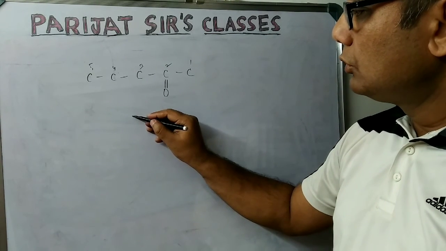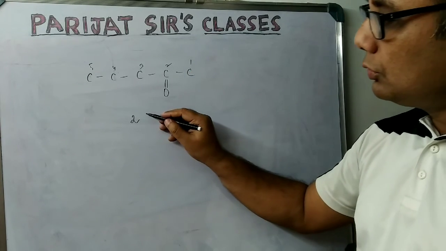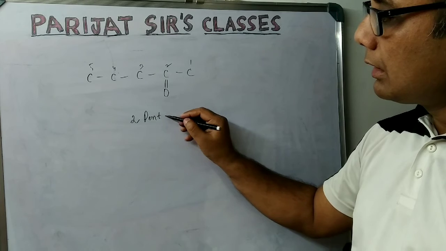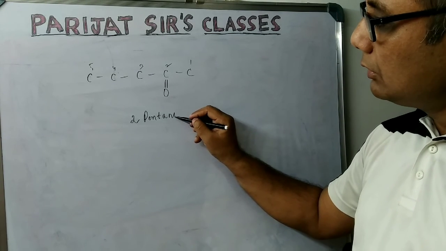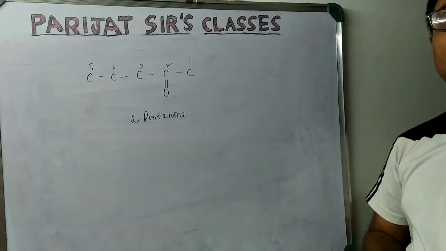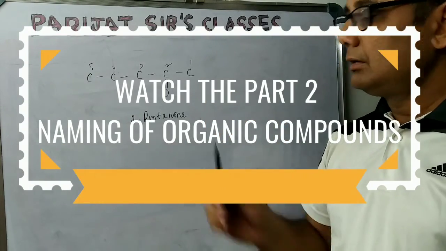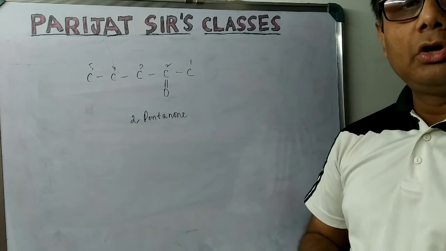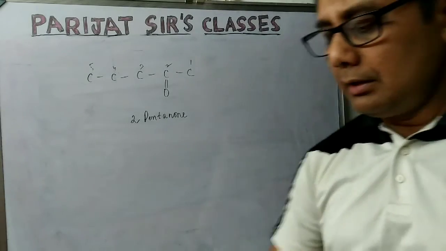In the second position, it's 2. It is 2-pentanone. There are 5 carbon atoms, so it's pent, and this is a ketone group in the second position. So 2-pentanone.